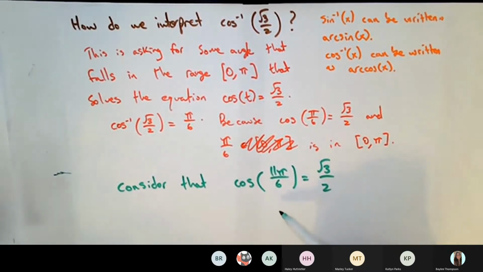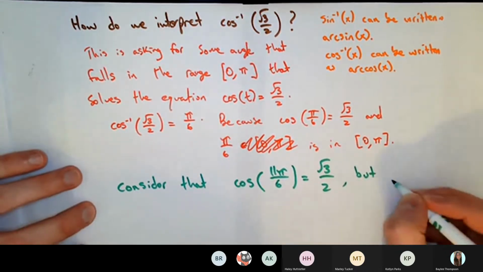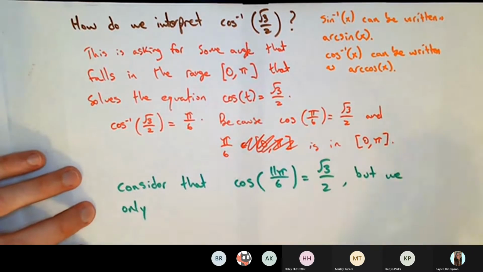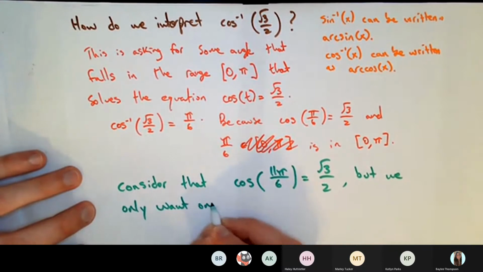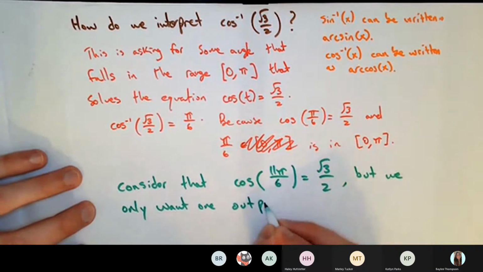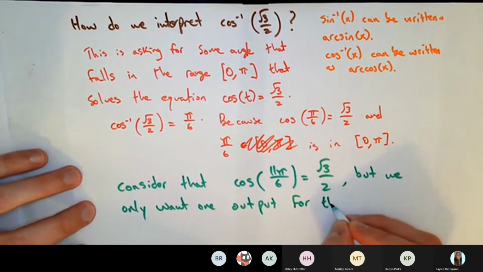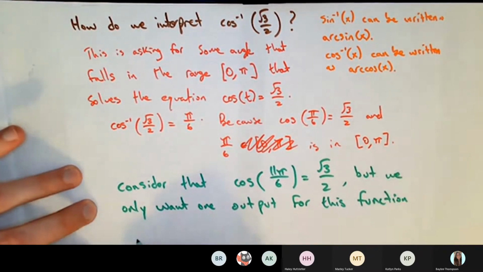But we only want one output for this function at this value, cosine inverse of square root of 3/2, right?